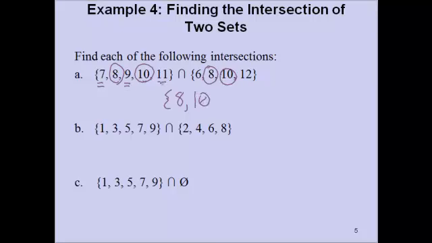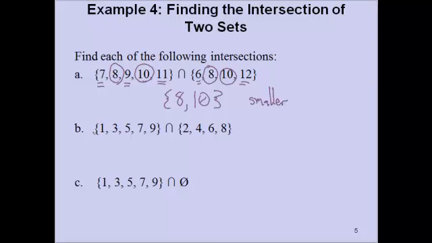And then I have 11 over here, but not over here. Alright, and you'll see that 6 and 12 do not show up in this other set either. So the intersection of my two sets is simply 8 and 10. And you'll notice that it is smaller than the other two sets, either one of them's cardinal number.